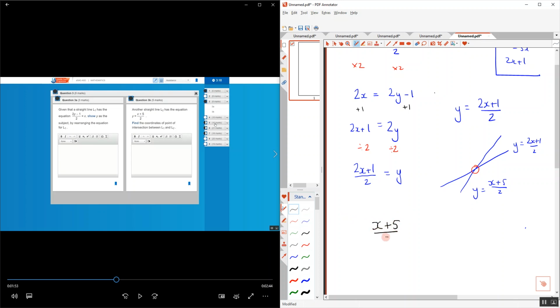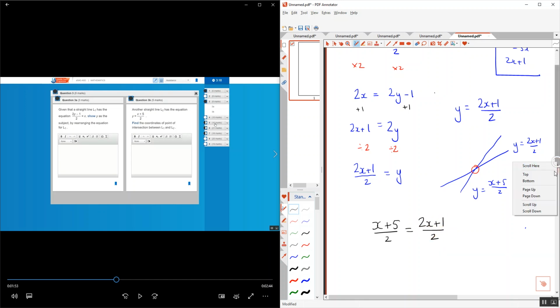So that means the two equations are equal to each other.